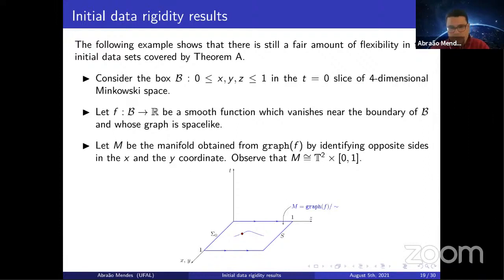Okay, here we can see the picture. And now let M be the manifold obtained from this graph by identifying opposite sides in the X and Y coordinates of the box of the Minkowski space. Then we obtain a manifold diffeomorphic to the 2-torus times the closed interval.